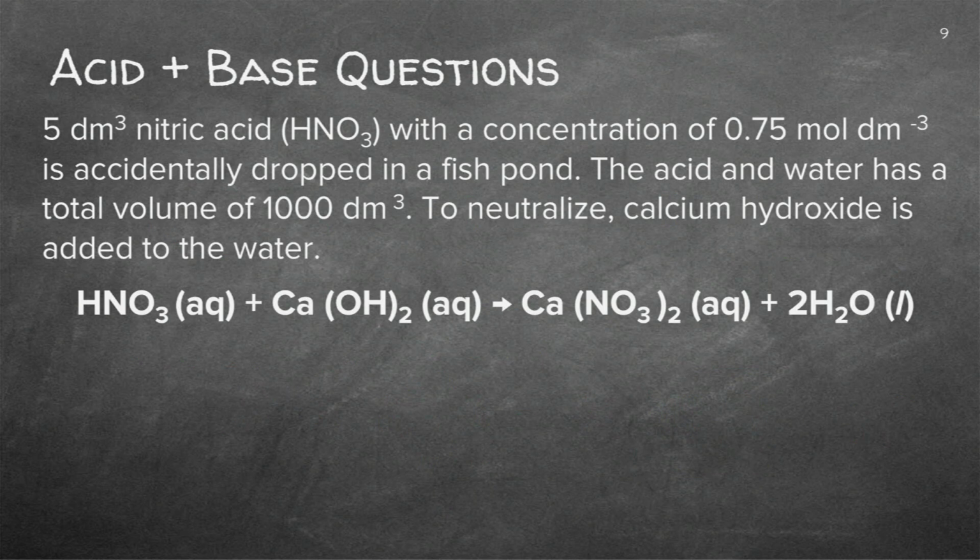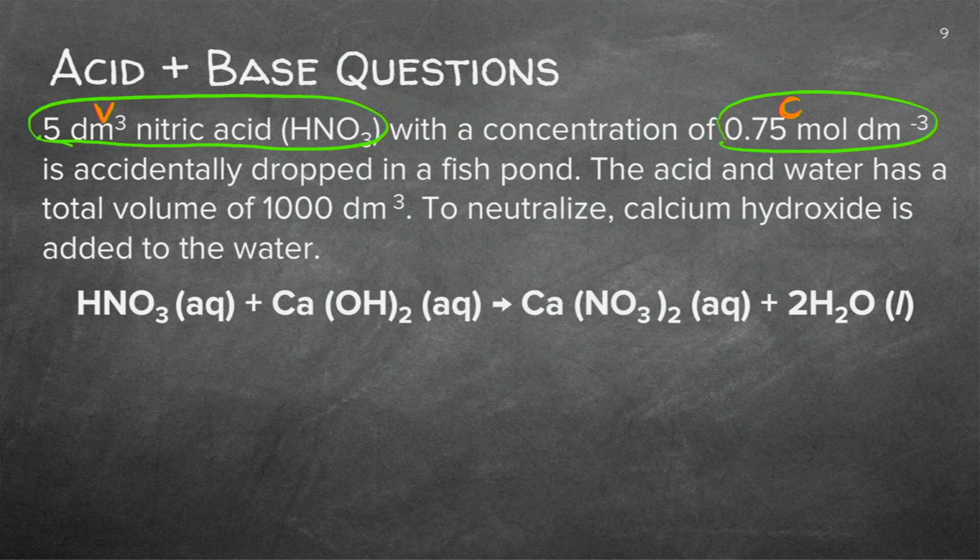Now we're going to the stoichiometry. 5 cubic decimeters of nitric acid has a concentration of 0.75. Now guys, when we read a question, we try and make it chemistry, make it not words, make it chemistry. So this is a volume that they are giving me. This is a concentration. Do you see I indicate the symbols that I'm using?